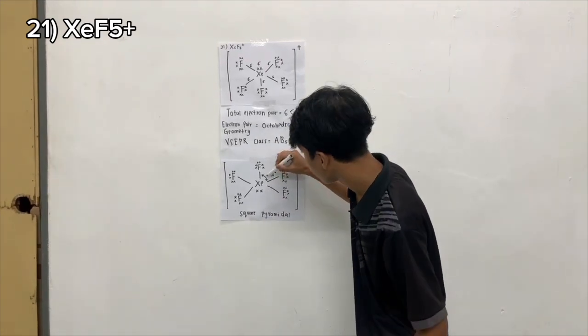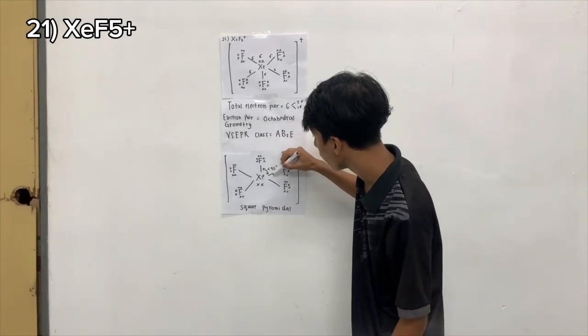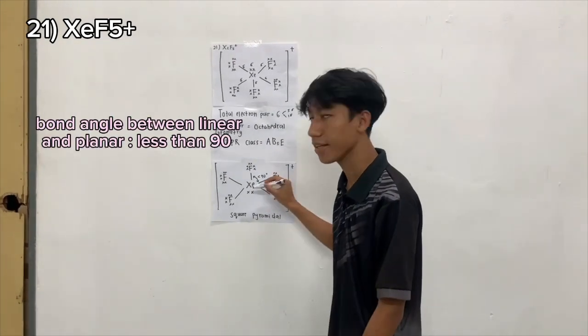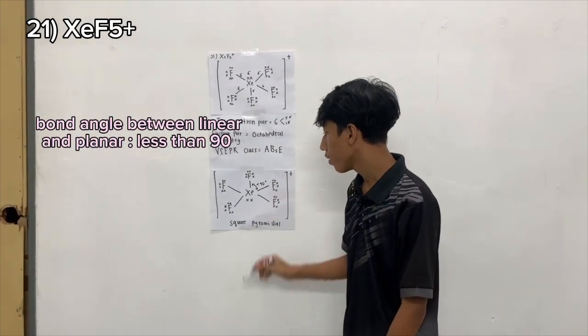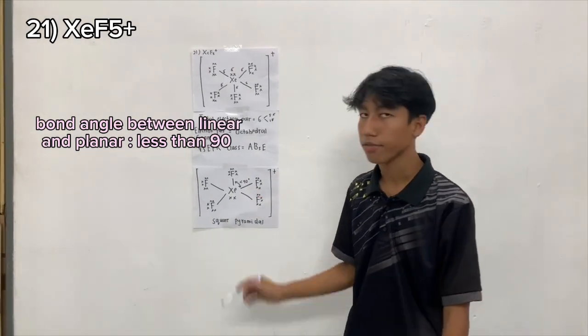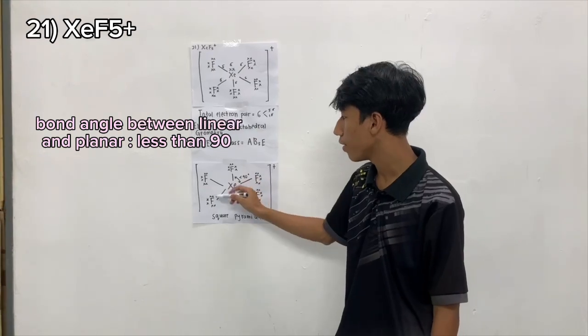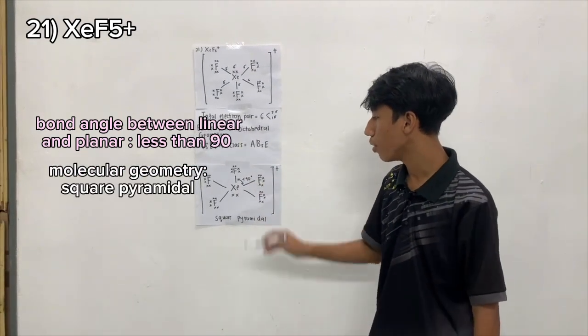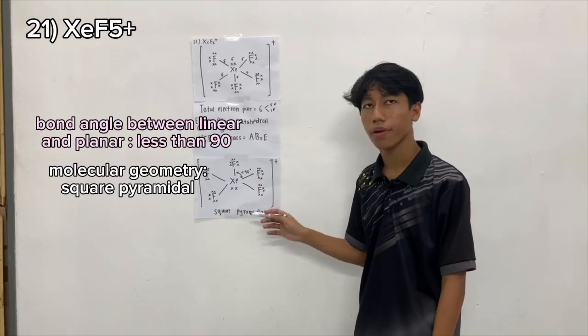This one and another one is less than 90 degrees. Why? Because the central atom has a lone pair, one sigma lone pair. This one sigma lone pair causes a repulsion on the other bonding, and causes the angle to be less than 90. So the molecular geometry is called square pyramidal.